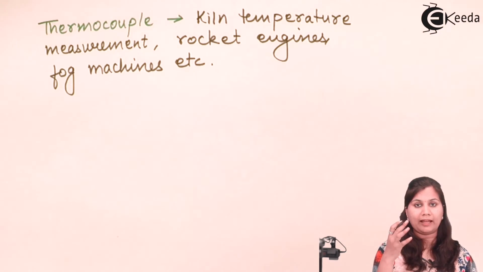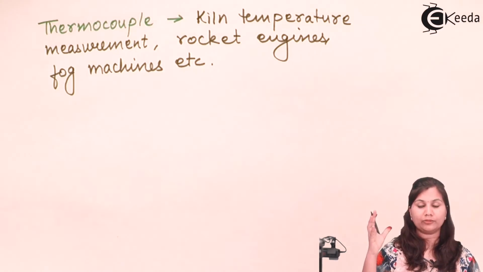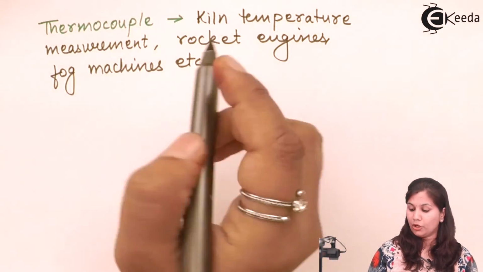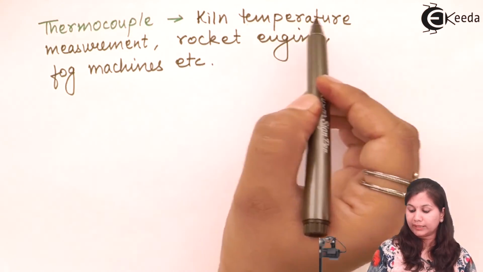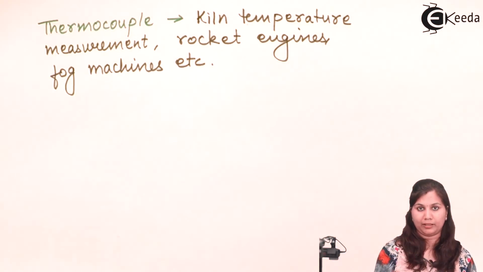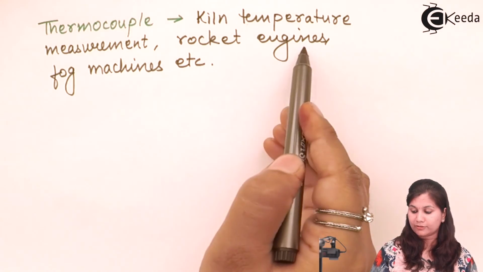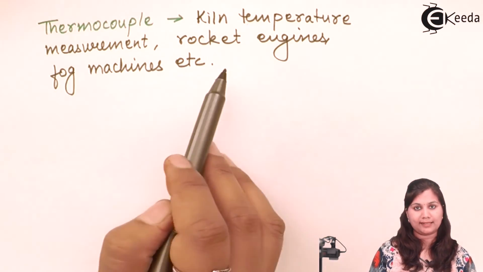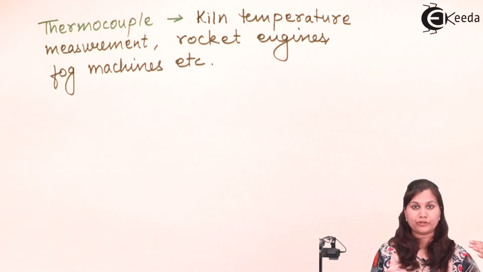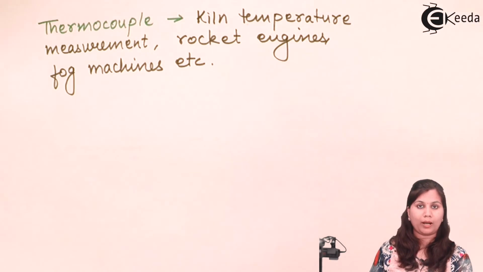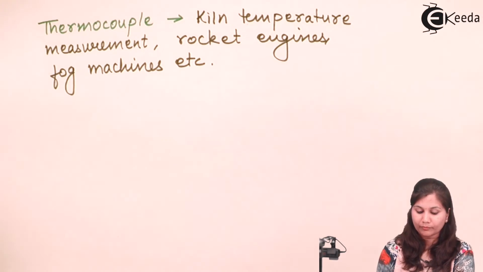So wherever we have high temperature values, we will use thermocouples. So thermocouples are mainly used for the kiln temperature measurements in the plants, for rocket engines, for machines, etc. So for higher temperature measurement applications, thermocouples are used.